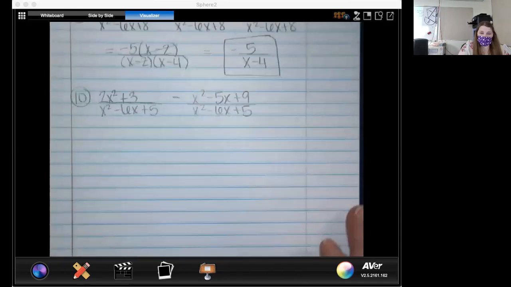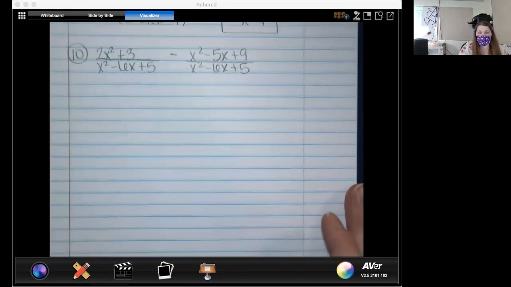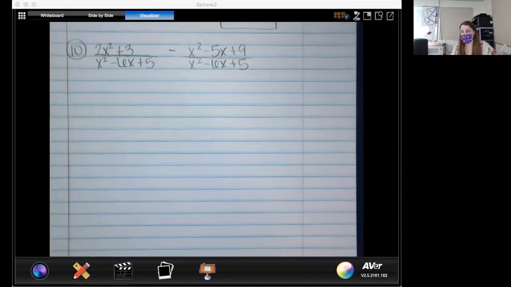So last problem, a little bit more complicated, but again, this is always a great indication of your ability to do your assignment.